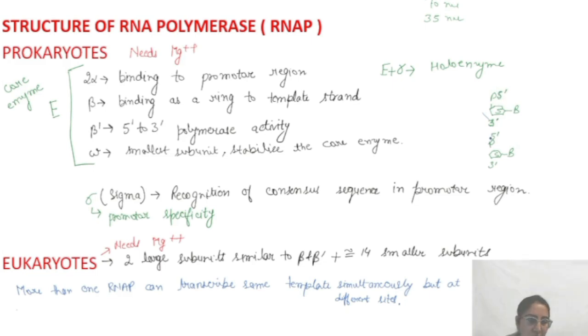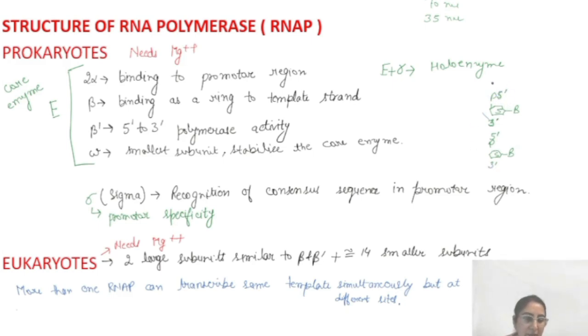So, new moieties always bind at the 5' region only, at the phosphorus molecule, so that the ultimate polymeric chain will get the direction from 5' to 3' only.